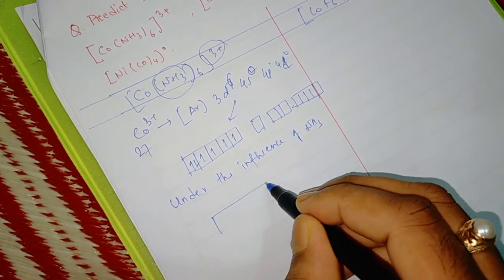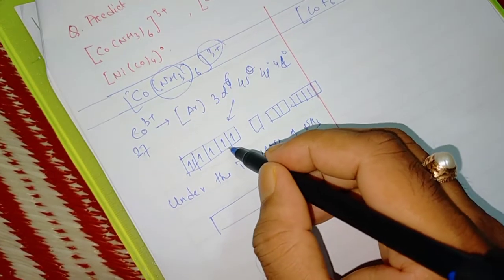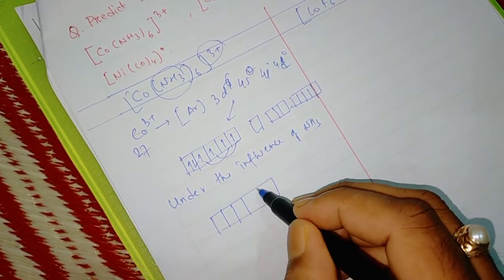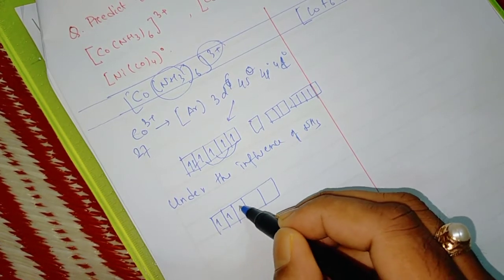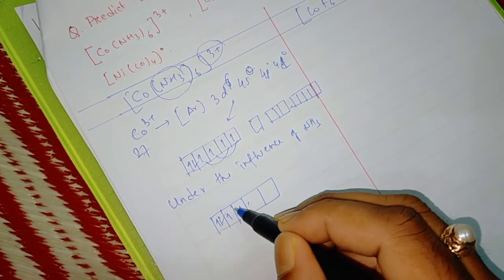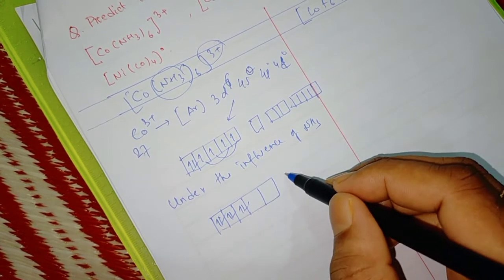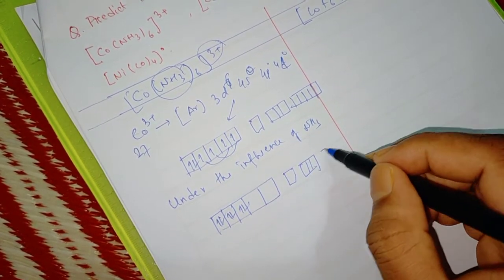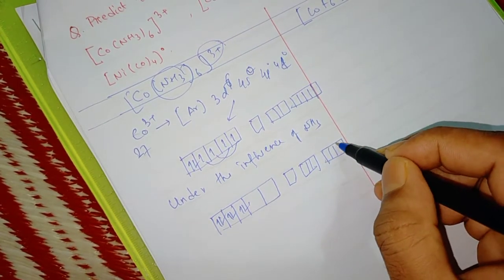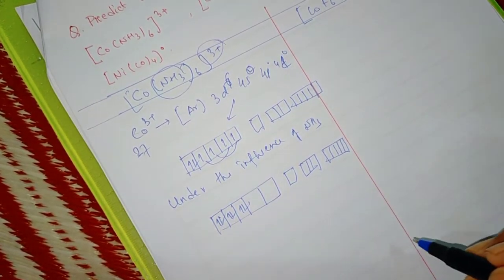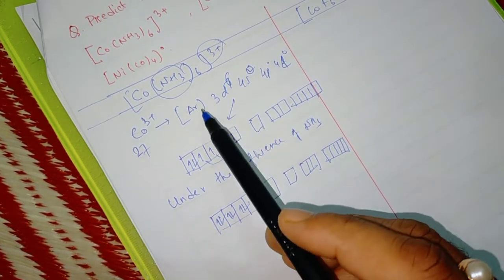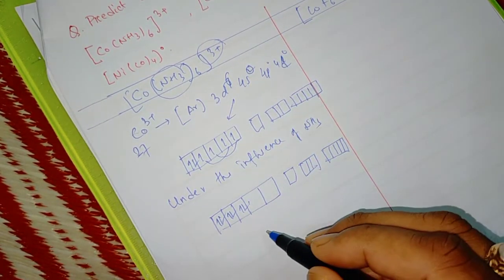In the influence of NH3, these electrons get paired up. So how many NH3 do we have? 6 NH3.